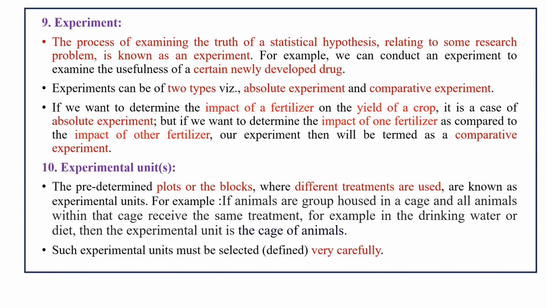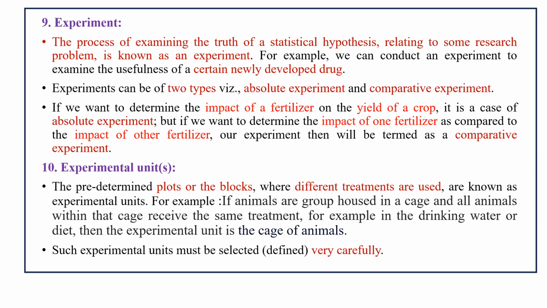For example, mice are there. I put 3, 4, 5, 6 mice in one cage, right? And I'm giving the same food, same water, or same drug to all those mice in the cage. Now here the experimental unit is the cage for those animals.